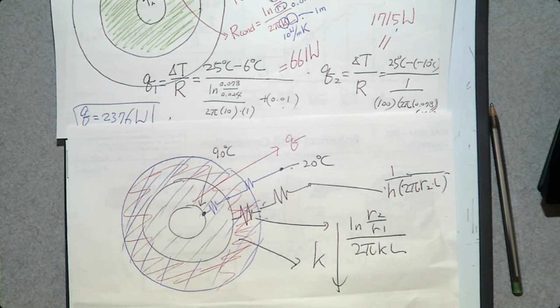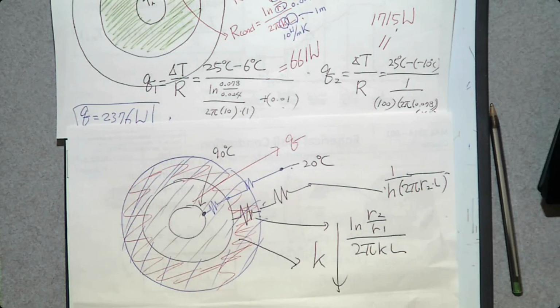However, if you add the insulation, this R2 goes up, right? So if this R2 goes up, what happens to this whole thing? Convection resistance. If you add the insulation, you increase conduction resistance, but you decrease convection resistance.